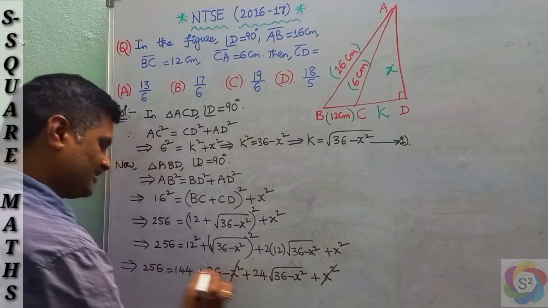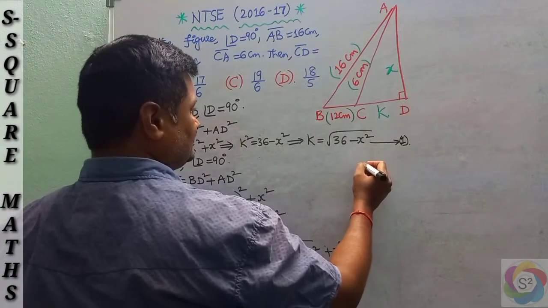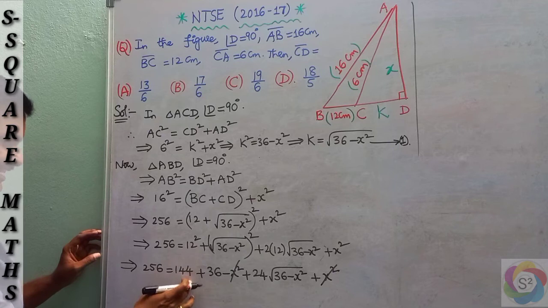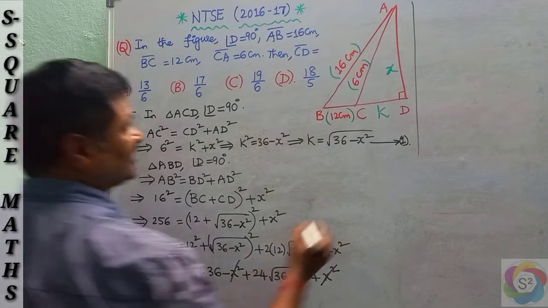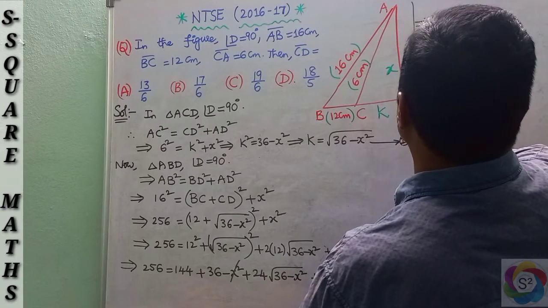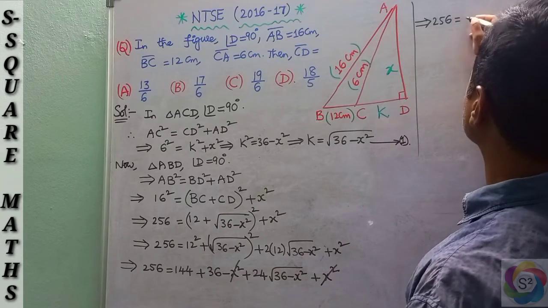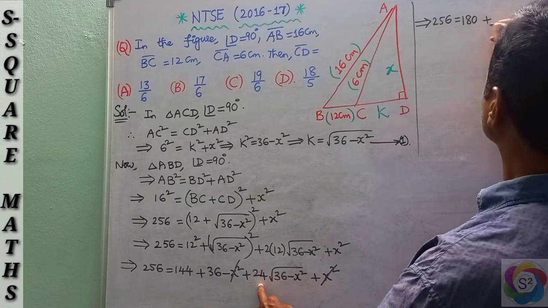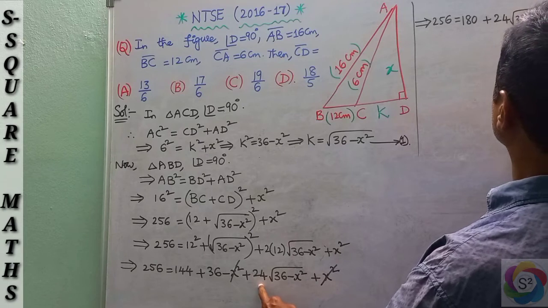So X square minus X square is 0. Adding 144 plus 36 gives 180, and the remaining part is 24 into root of 36 minus X square.